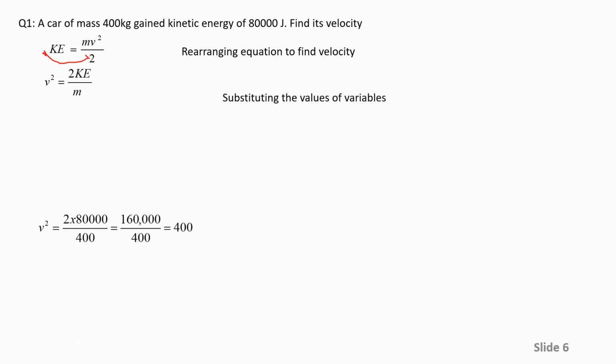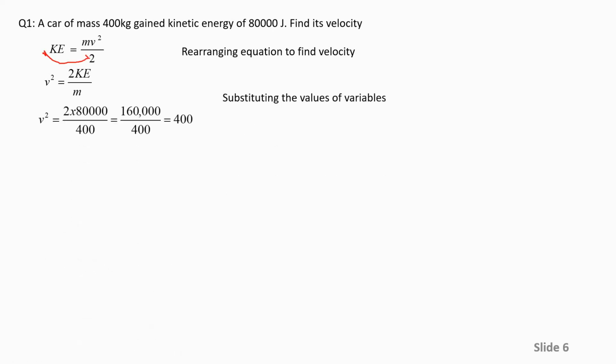When you substitute the values, 2 times 80,000 divided by mass 400, we get 400, and the velocity v is equal to root of 400.